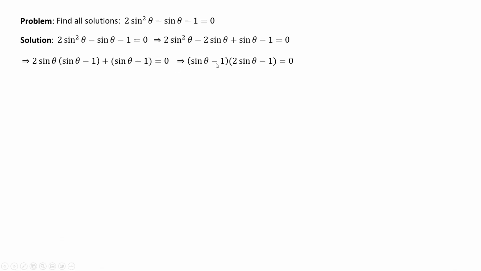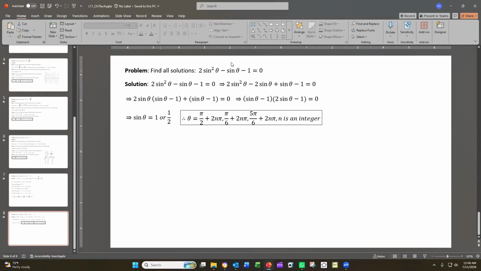And so when we do sine theta minus 1 times 2 sine theta from the first term minus... what? I'm an idiot. We need to change this. This is sine theta plus 1. 2 sine theta plus 1.